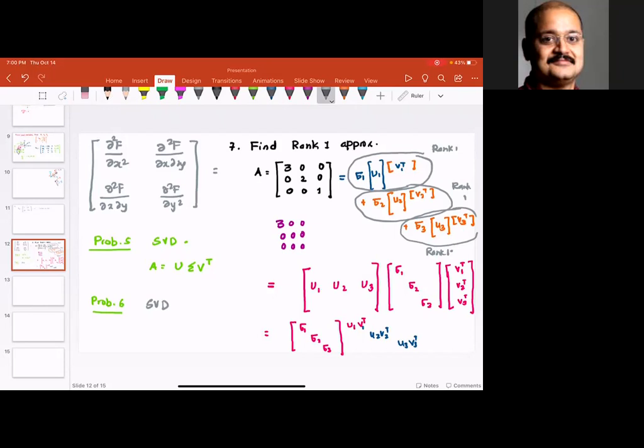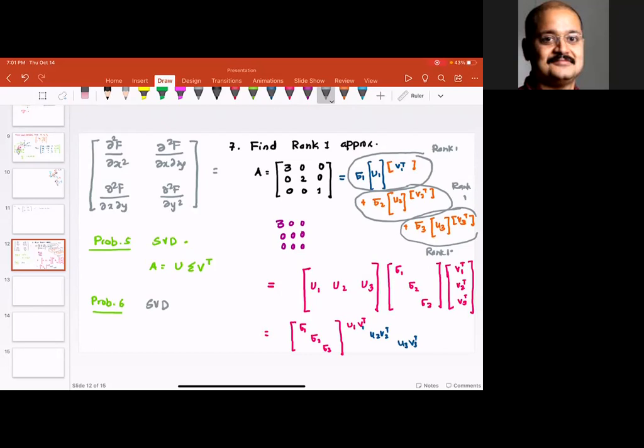SVD takes the matrix and slices and dices it into its principal components. What are those principal components? Principal components are nothing but a column vector and a row vector. Do you agree with me? And sigma 1, sigma 2, sigma 3 indicate the relative weight on those column vectors.